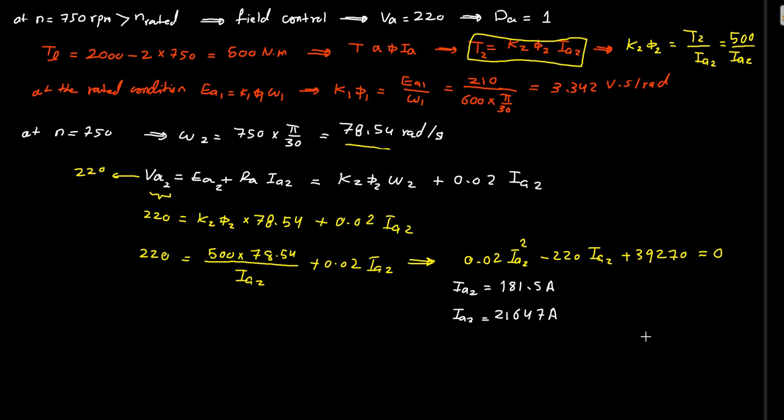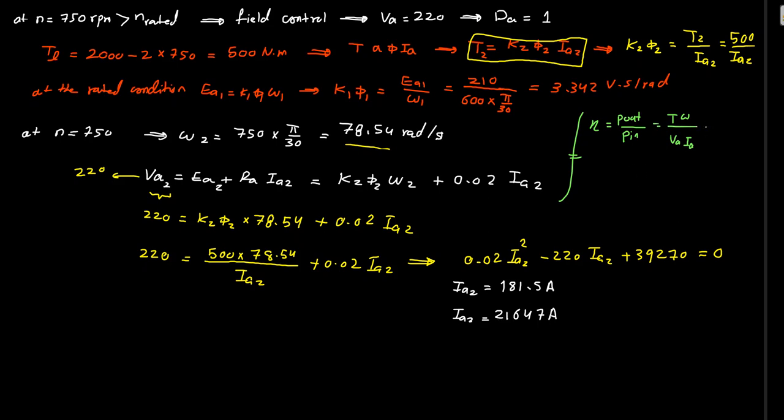Or if you need to do more engineering sense and investigation, calculate the efficiency. Remember that the efficiency will equal P out over Pn, and P out is the torque multiplied by the omega, and Pn is Va Ia. Let's calculate only for the second one.